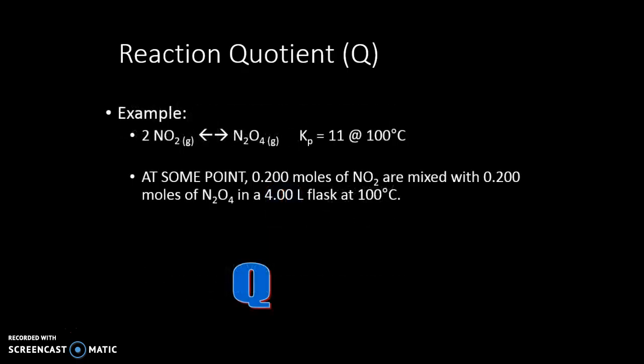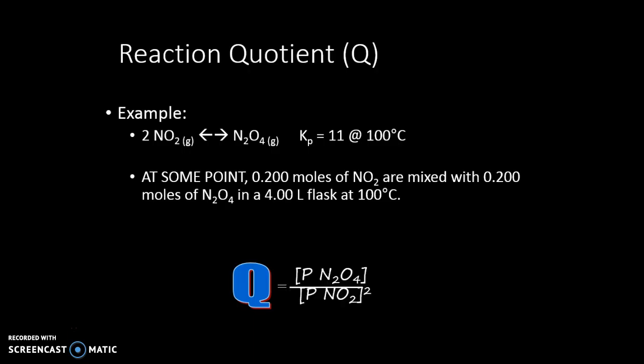Okay, so example: we have 2NO2 at equilibrium with N2O4, and we see the K is 11 at 100 degrees Celsius. Then it says, at some point, 0.2 moles of NO2 are mixed with 0.2 moles of N2O4 in a 4-liter flask at 100 degrees. What's Q?